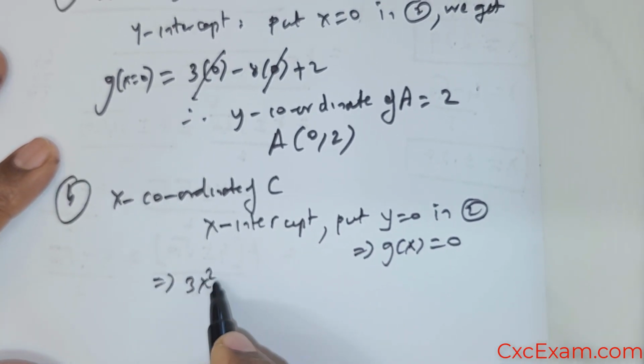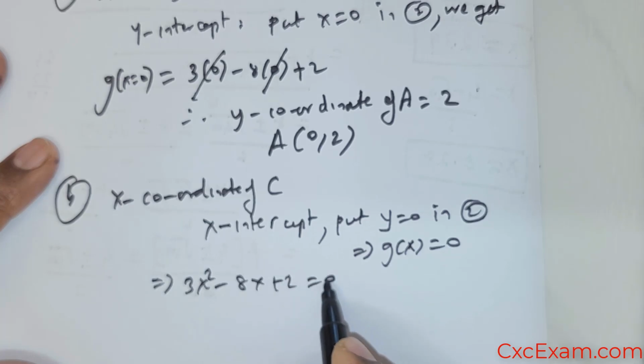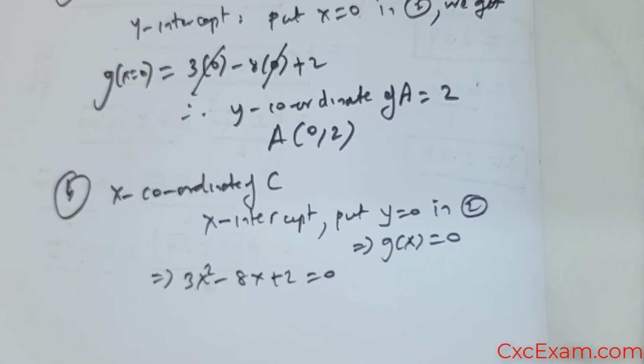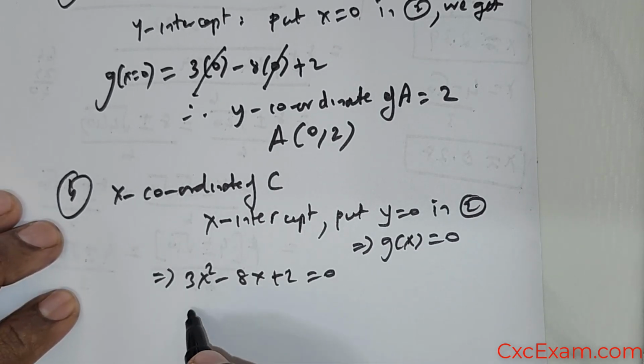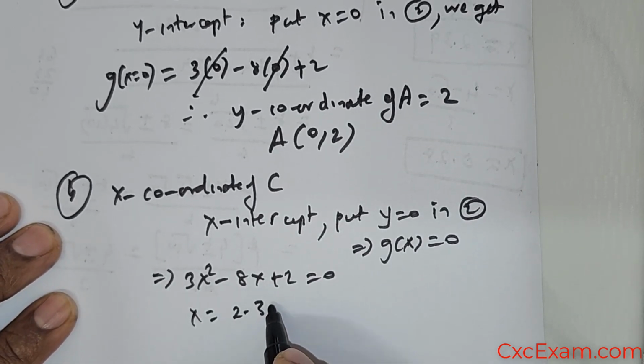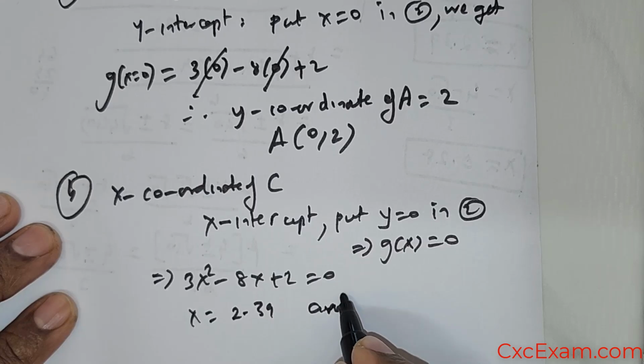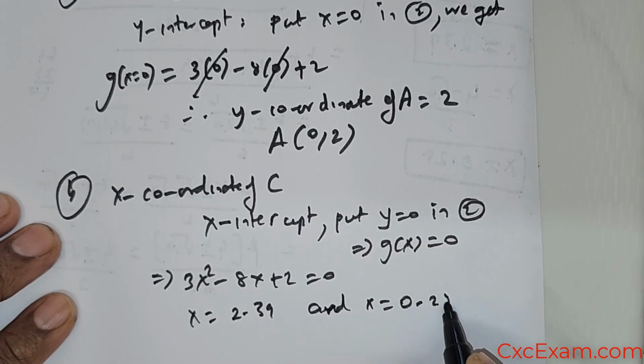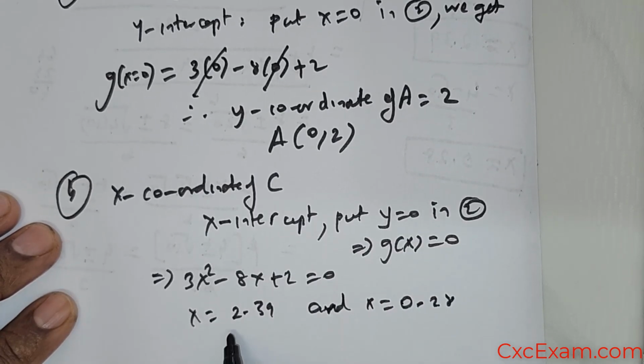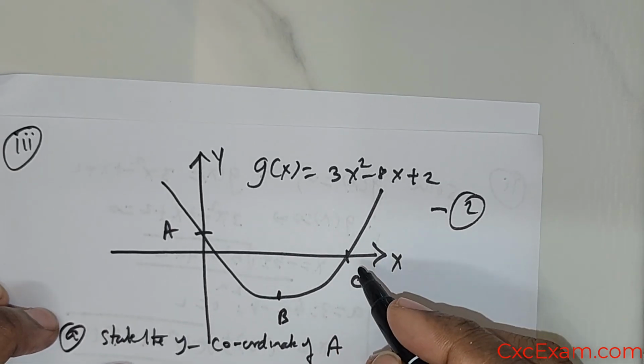So 3x squared negative 8x positive 2 is equal to 0. If you remember, we already evaluated this, so we got x is equal to 2.39 and x is equal to 0.28, but we will have to decide which goes where, right?